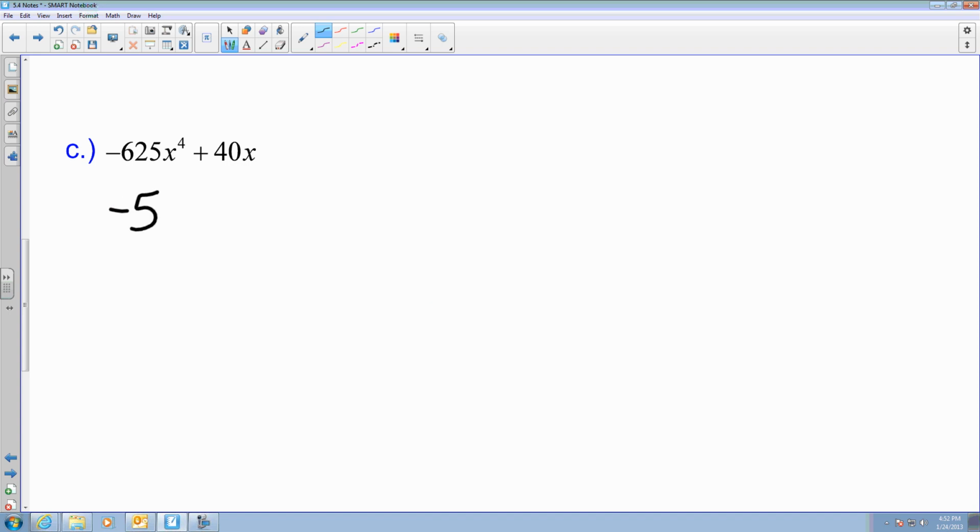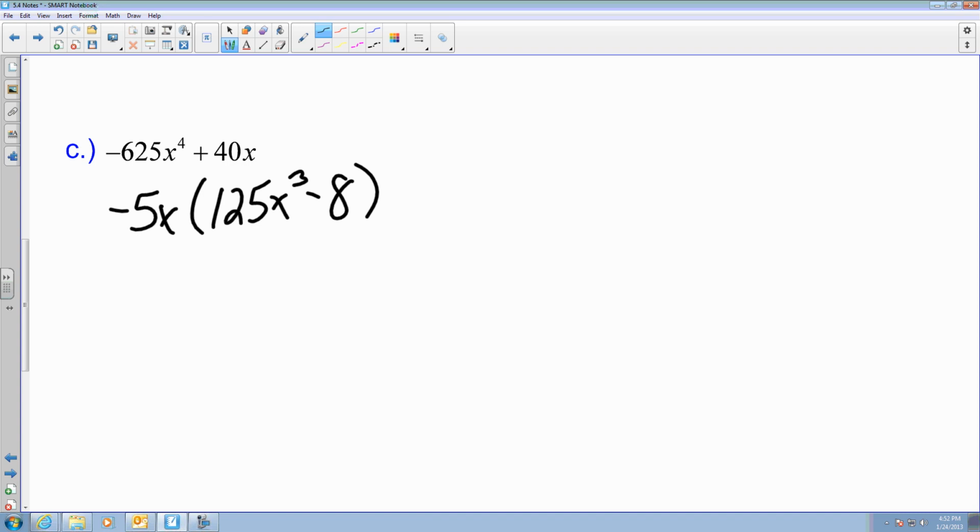So this is negative 5x, and then in parentheses I have 125x cubed minus 8. As I look at this problem, I notice that both of these values inside the parentheses are perfect cubes.